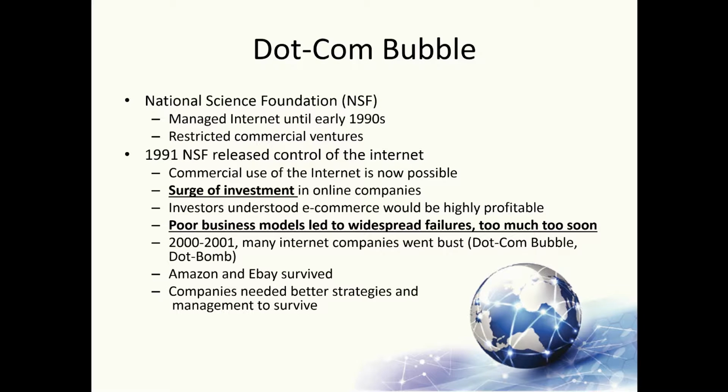Okay, so then what happens? So now all these businesses think that they need to have a website, right? And this is what we called the dot-com bubble, right? And that happened in the early 90s. So all these businesses thought that they needed a website. And again, here in our slides, it says that in 91, the NSF, National Science Foundation, relinquished control of the internet, and so it was available for commercial use.